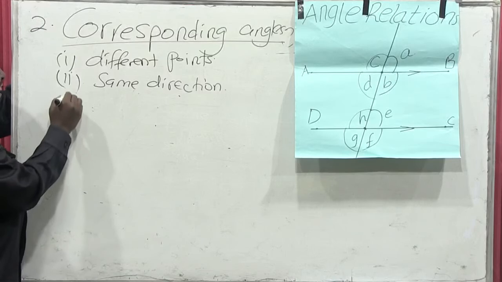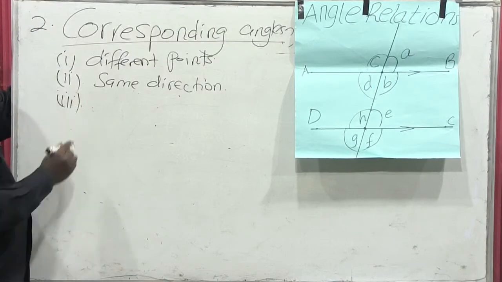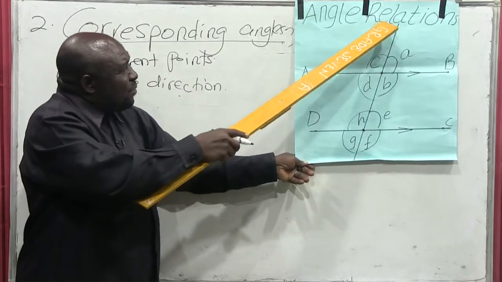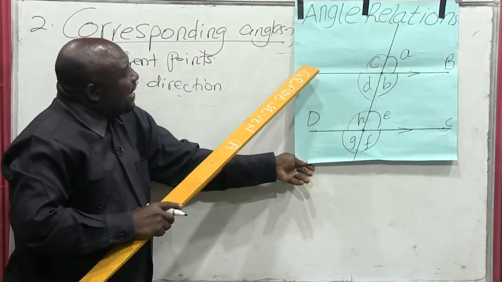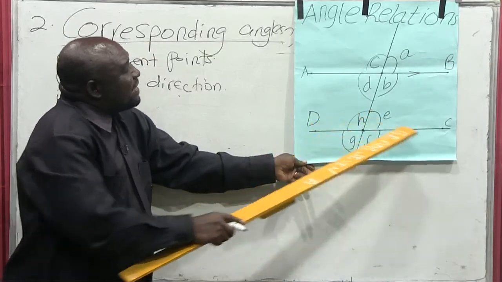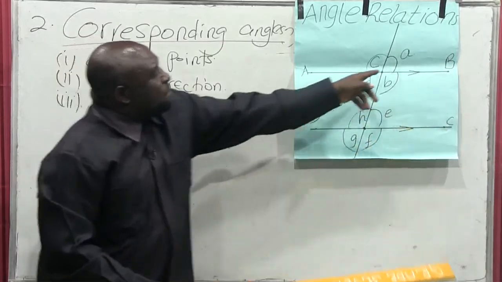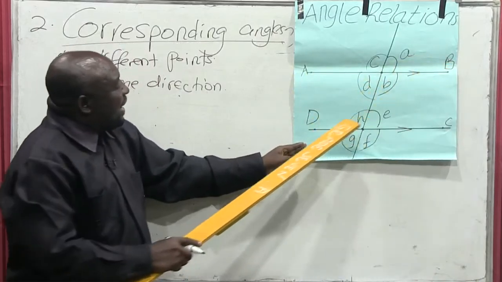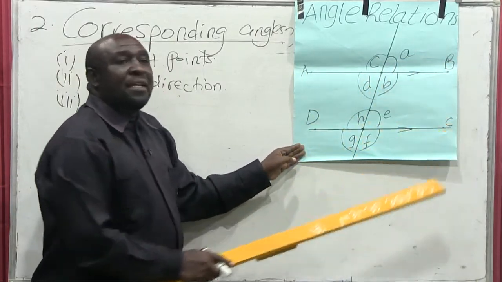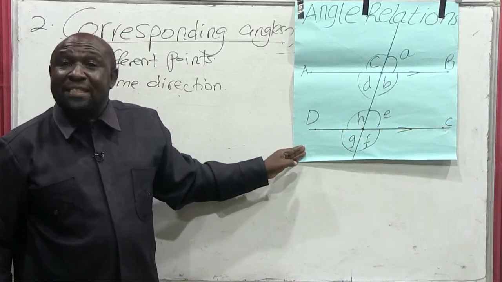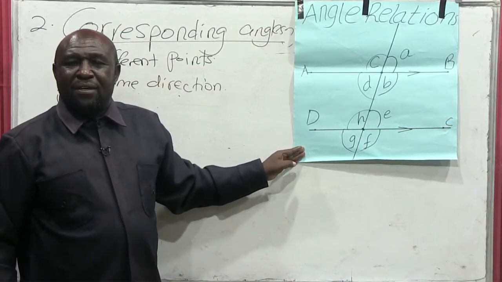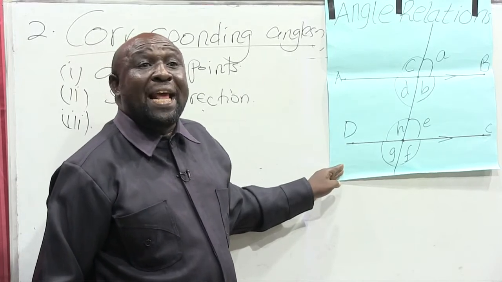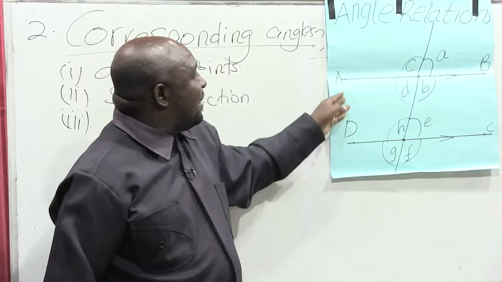But there is a third one. You know, this line, which is crossing line AB and DC, you see this mark, means AB and DC, in grade 4 we learned, are parallel lines.